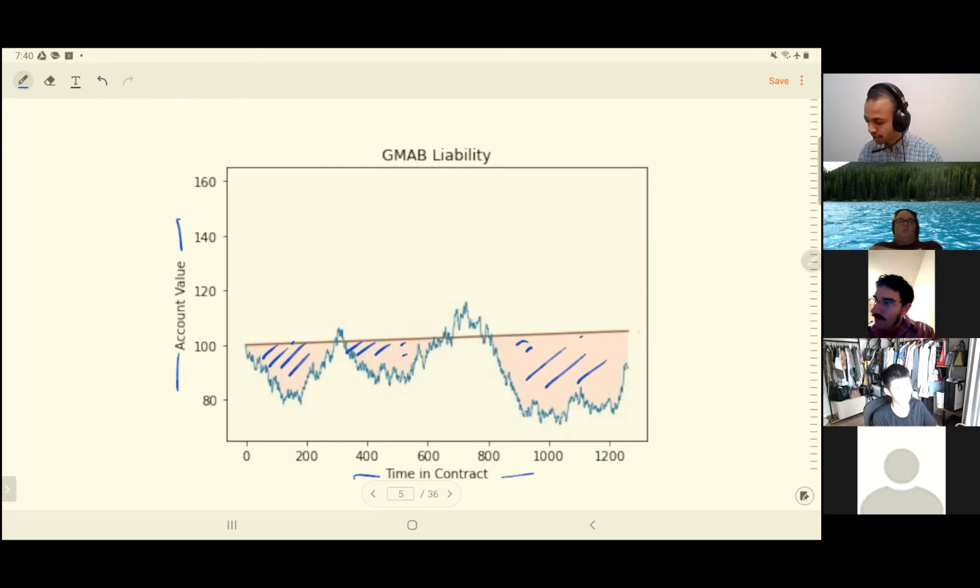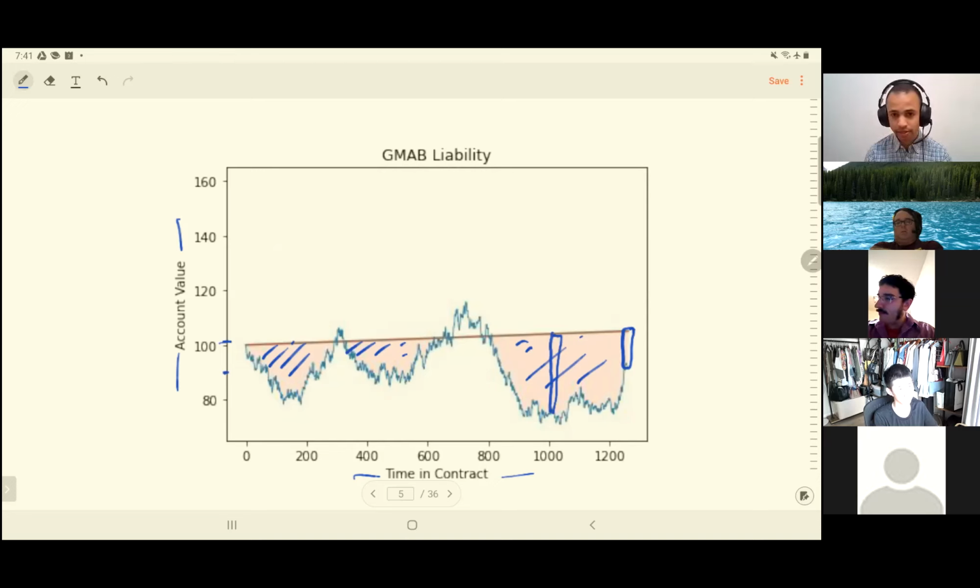So if the contract ends at the end of this graph at like 1,200 something, then the liability that's owed by the insurance company will be whatever this is here. It's something like 10-ish. Okay, we don't even have units, so this is maybe not the clearest of graphs. In some ways, the insurance company is actually very lucky that the contract didn't expire at 1,000, because they would have been liable for more.